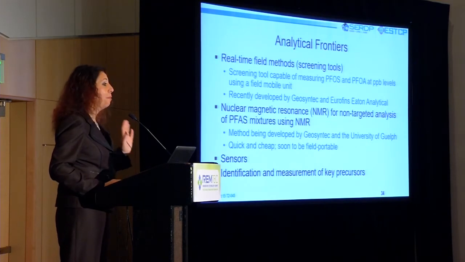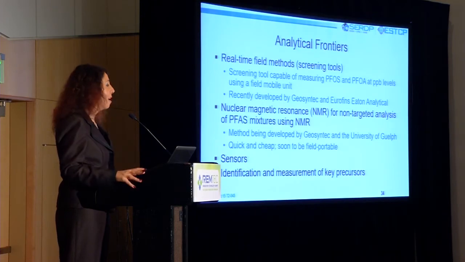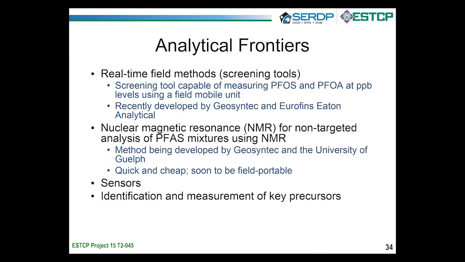In terms of some of the opportunities on the analytical front, based on this study, what forced us to demob and mob so many times is the absence of real-time information. You need to prep the sample for 2 days, run it for 1 day, so you can't really be sitting in the field waiting for the results to come back to chase your plume and to identify your hotspots.